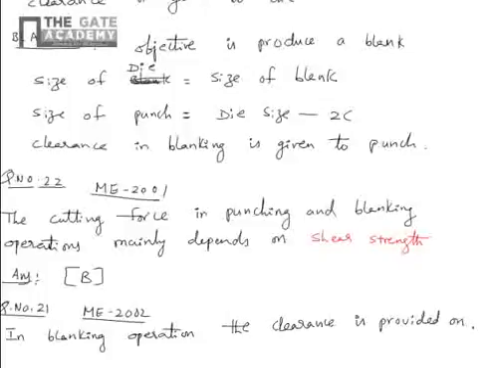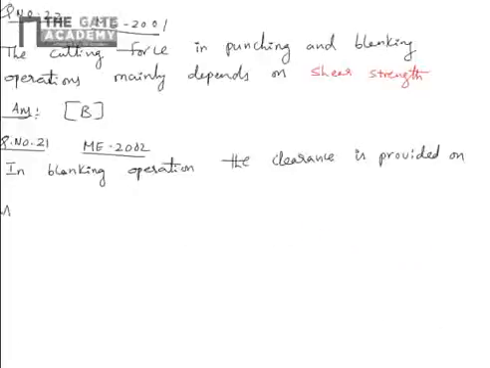As we have discussed, in blanking we provide clearance on punch. Options he has given: A, die; B, both punch and die; C, the punch; D, neither the punch nor the die. So answer is C, provided on punch.